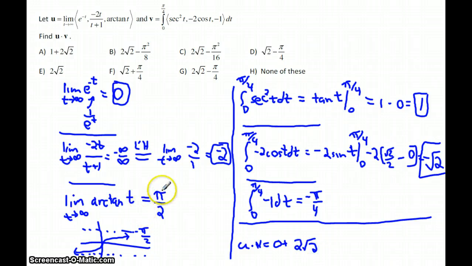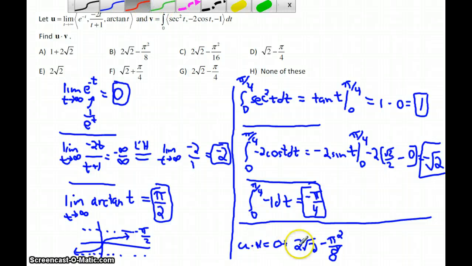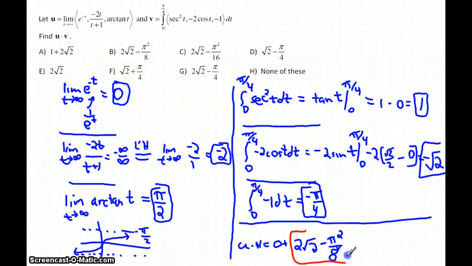And we multiply the pi over 2 times the negative pi over 4 to get negative pi squared over 8. And then we match it to one of the multiple choice answers. It's looking like letter B. Yeah, 2 root 2 minus pi squared over 8.